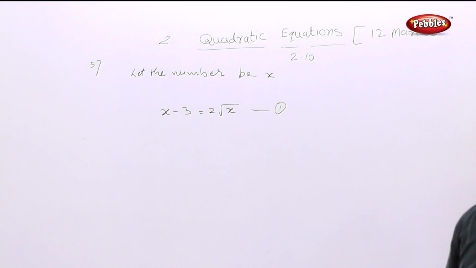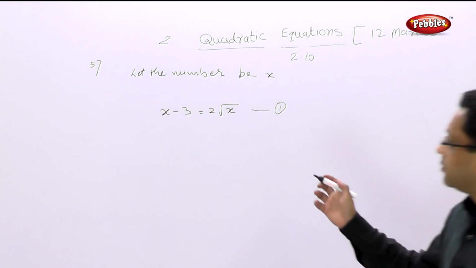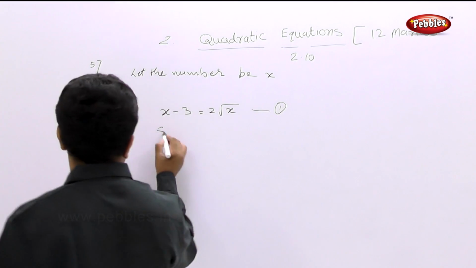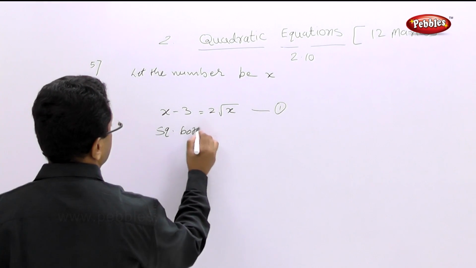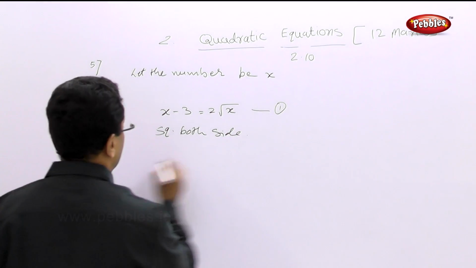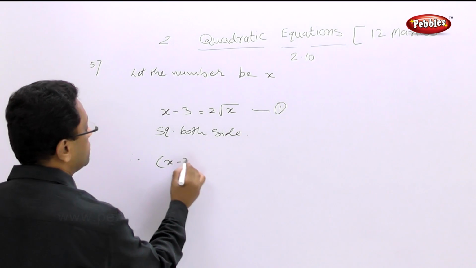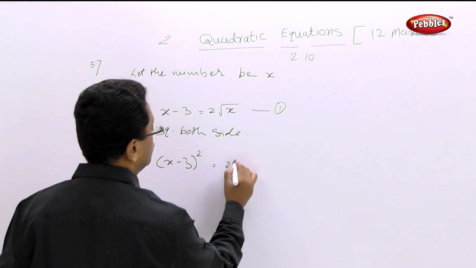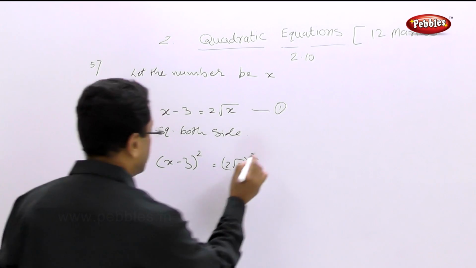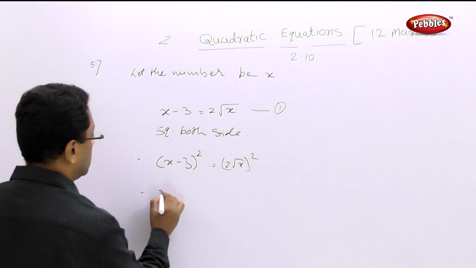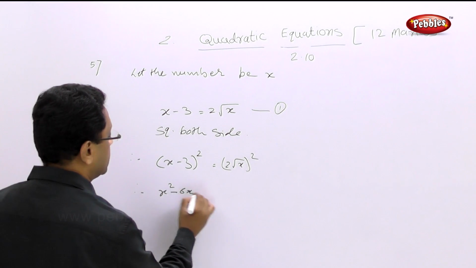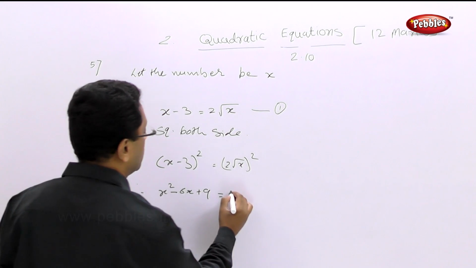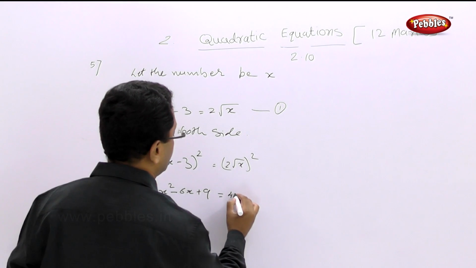When we solve this equation, we will square both sides and we get x minus 3 square equal to 2 root x square. So here we get x square minus 6x plus 9 equal to 4x.